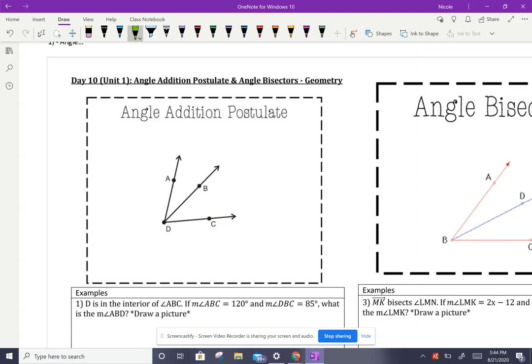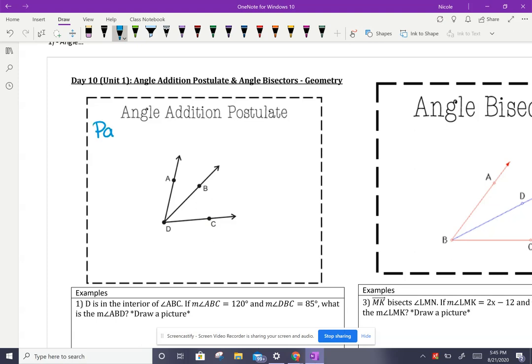The angle addition postulate tells us that we can have an angle like the one I have in front of me and take the pieces and add them together, and it equals the whole piece. Think about a pie. If you take each piece of the pie and add it together, it equals the whole pie. One thing I want you to remember is part plus part equals whole.